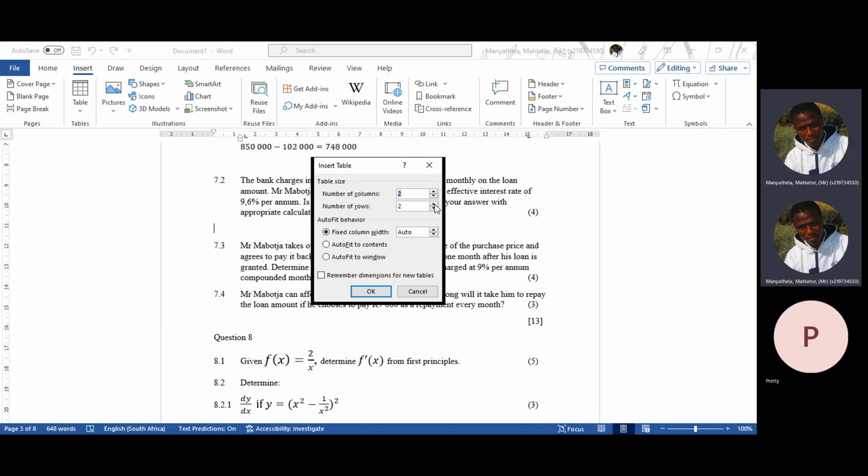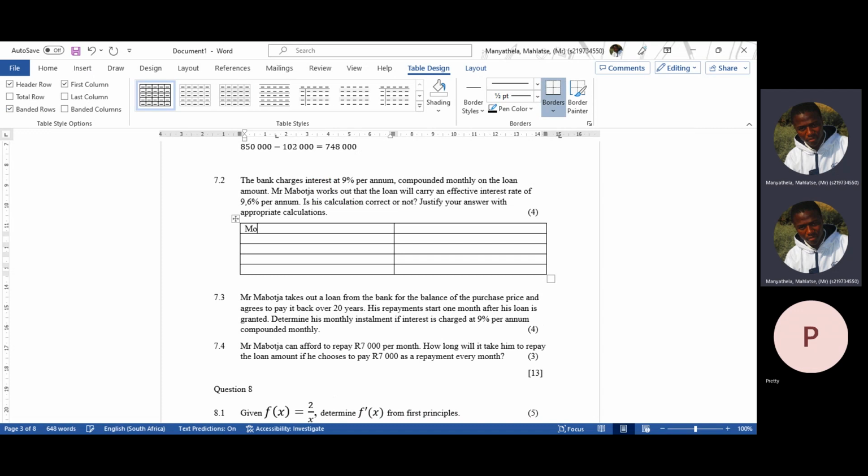Two columns and 5 rows. If they say it's compounded monthly, then it means it's 12 months. Then quarterly, you divide by 4. Yearly, 1. Half yearly, it's 2.